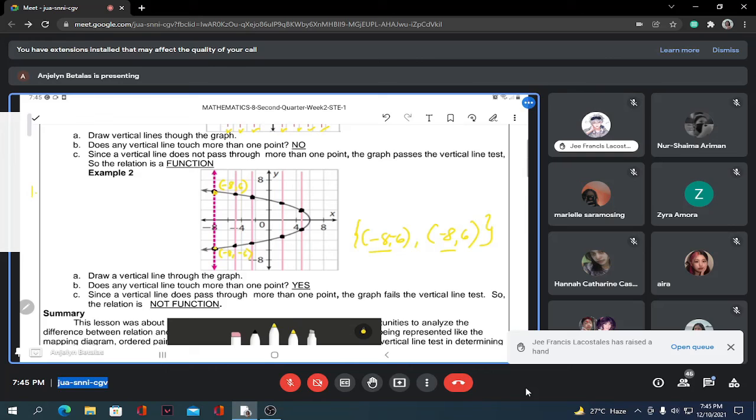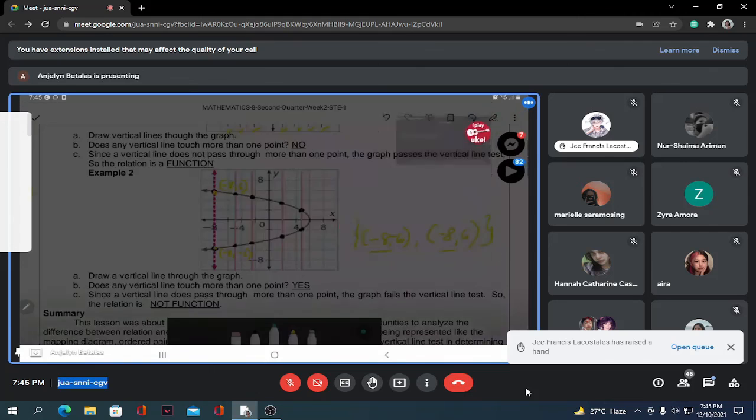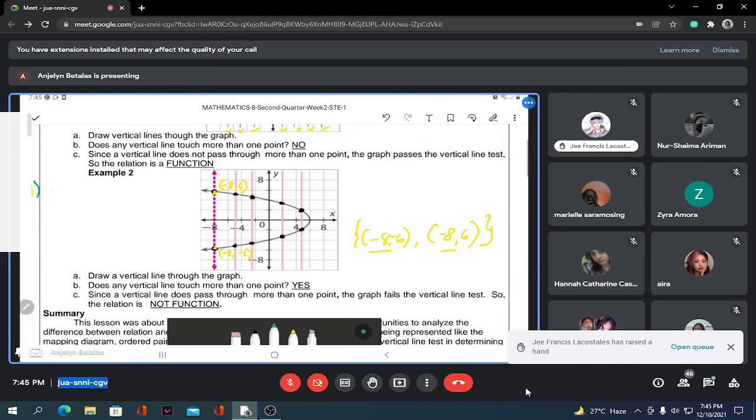Muna instruction na. Number 1. Number 2. Number 3.